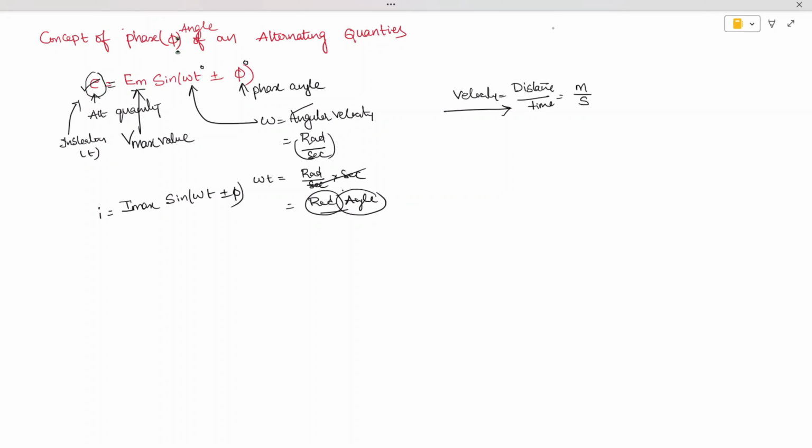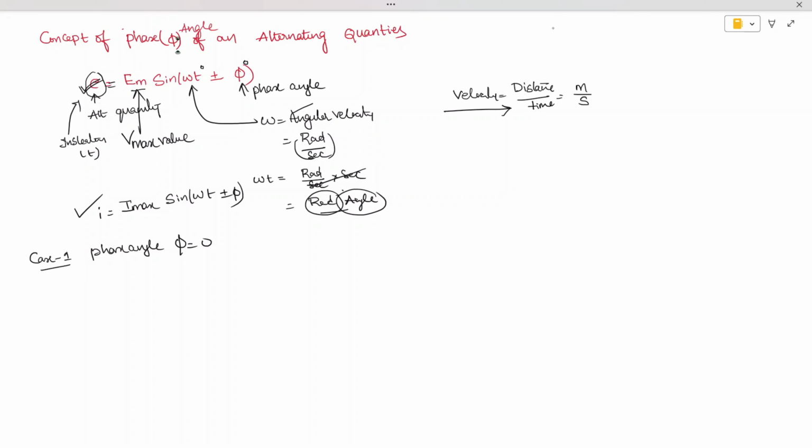Now, based upon the voltage and current phase difference, we can plot the graph. Let's see three cases. First, case one, where the phase angle phi is equal to 0.